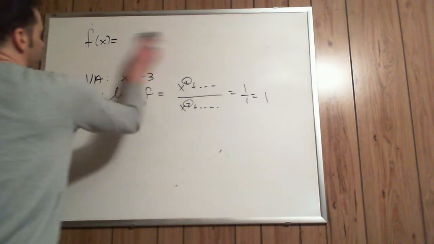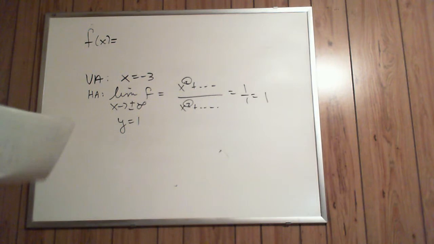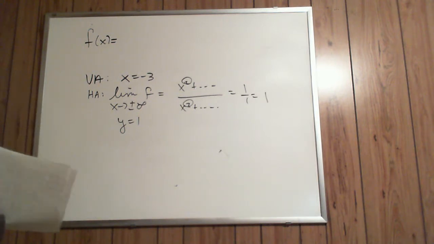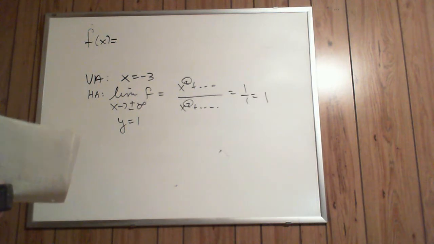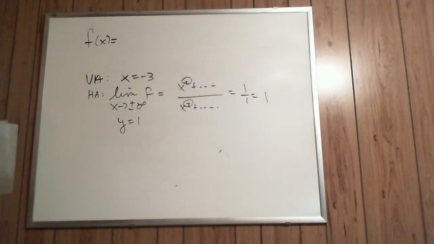Next. Now, what is at 1? I just erased that problem, but what is at 1? There's still a hole there at 1. There's no vertical at 1, but there's a hole there, because even though the x minus 1's drop out, that denominator can never be 0 at 1. It's always based upon the original function and not any simplifications.